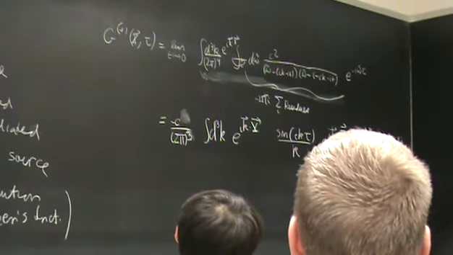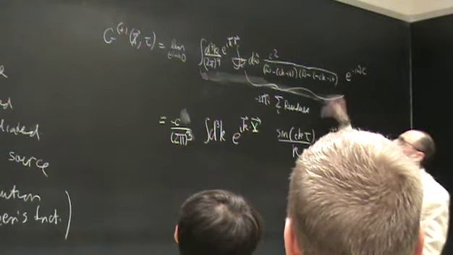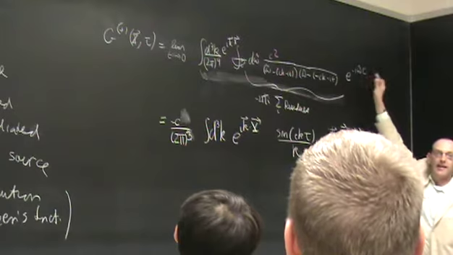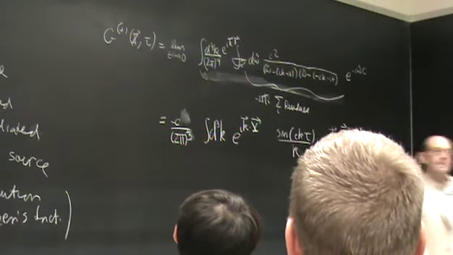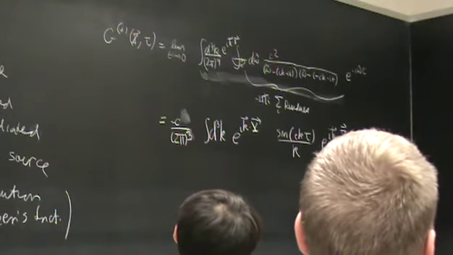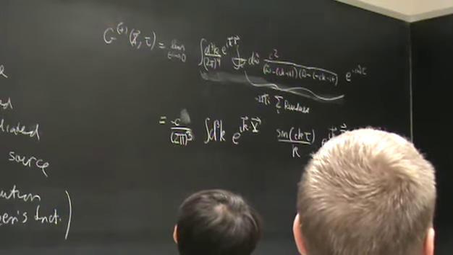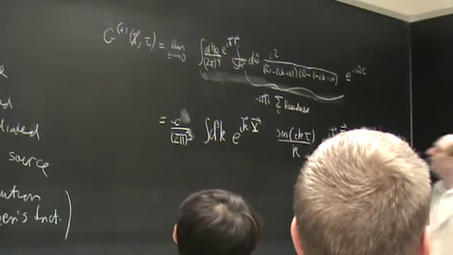Okay, so that comes from the two poles, the one at ck and the one at minus ck, which gives us either the i ck tau and the minus i ck tau, which gives me the sine function. All that algebra. Okay, so now we just have to do this integral.